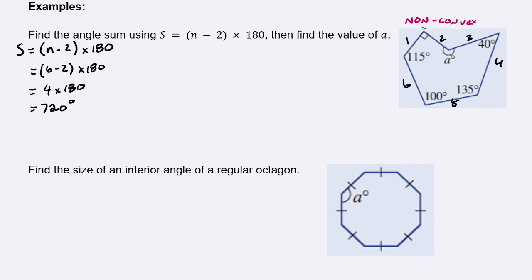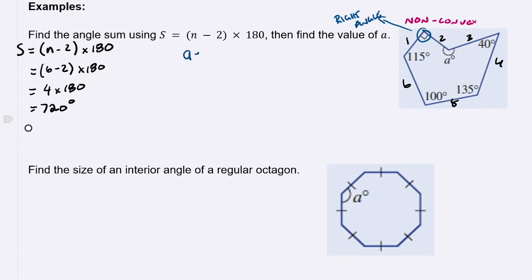Now this little symbol in here, we should know, represents a right angle. And right angles are 90 degrees. So we know that that is 90 degrees. So to find the value of A, we need to take all those other angles away from 720.